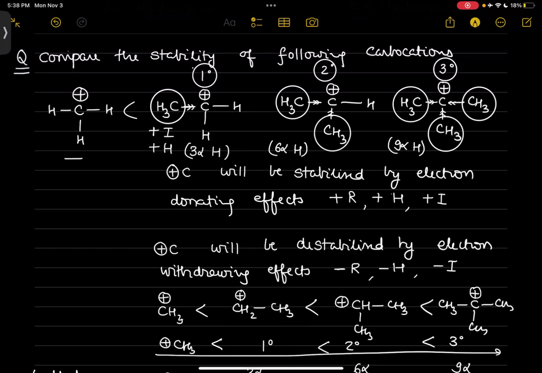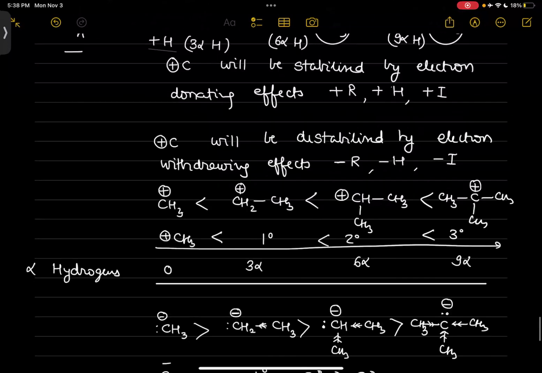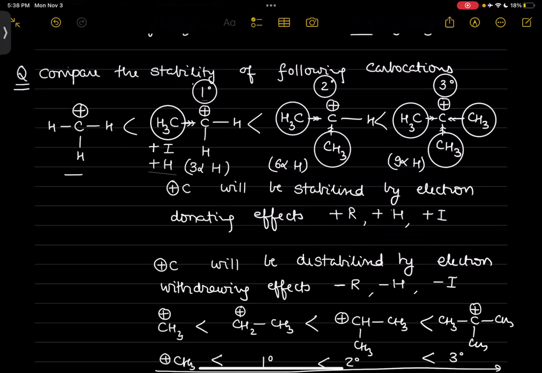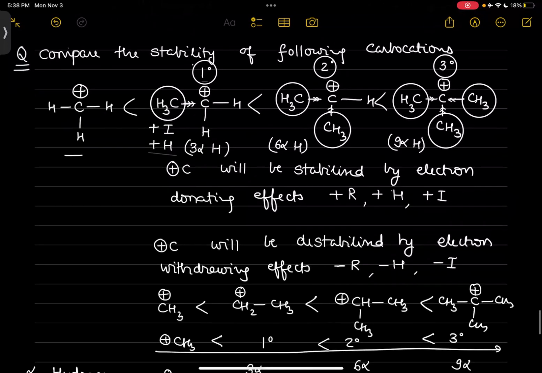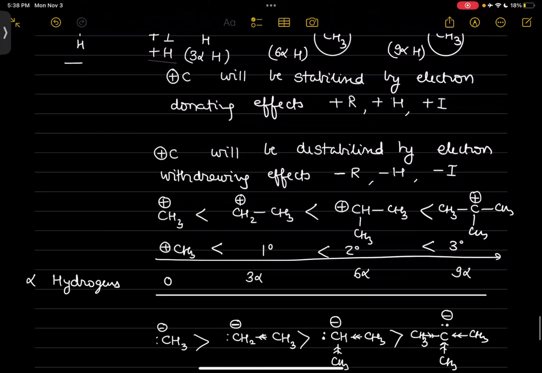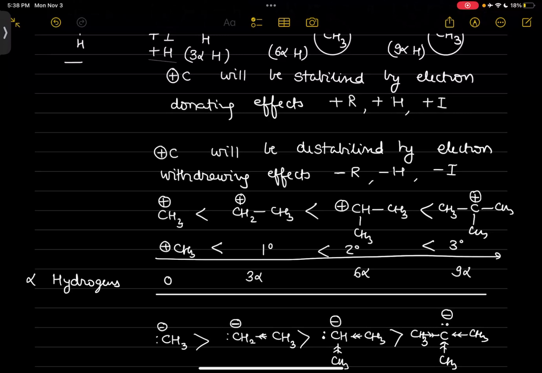Ethyl is more stable. Isopropyl is more stable, and tertiary butyl is further more stable. That's what we have discussed. It is because of the inductive effect and the hyperconjugation of the methyl groups. Got it?